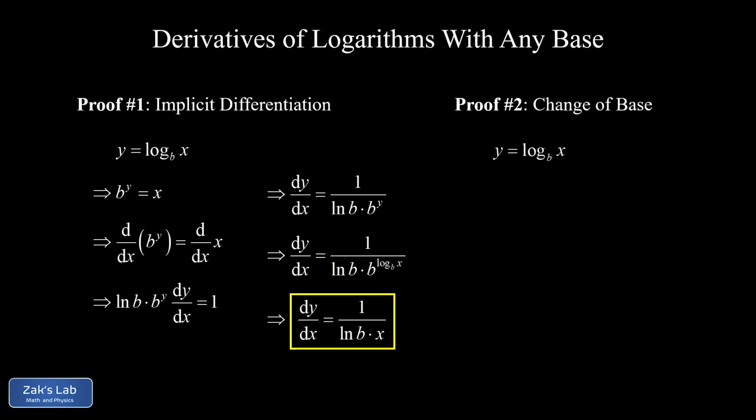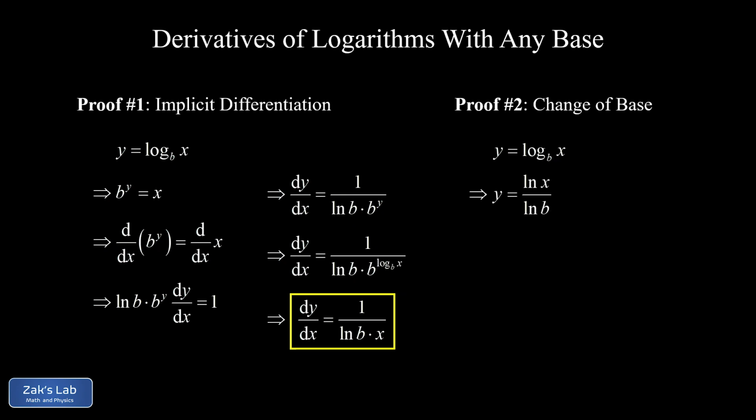So let's take a look at our alternative proof here. We let y equal log base b of x, but then we remember the change of base formula. So that allows you to rewrite any logarithm in terms of whatever base you want. So I'm going to rephrase this in terms of natural logarithms, in other words, logs of base e. And the way that works is we'll have the natural log of this argument x divided by the natural log of this base b.